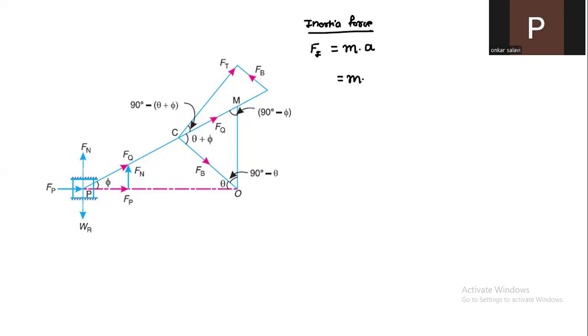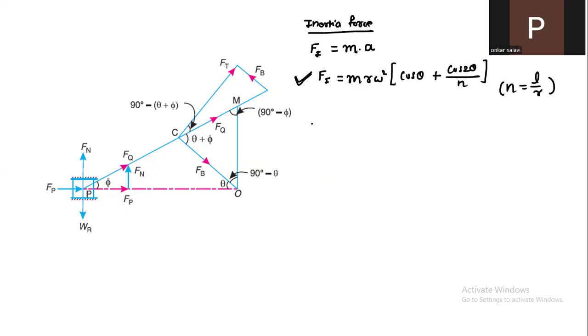So Fi equals m, and the acceleration has the formula R omega square in the bracket cos theta plus cos 2 theta divided by n. Here n is called the obliquity ratio, given by n equals L upon R, where L is the length of the connecting rod and R is the crank radius. From this we can find out Fi. This is the first formula.